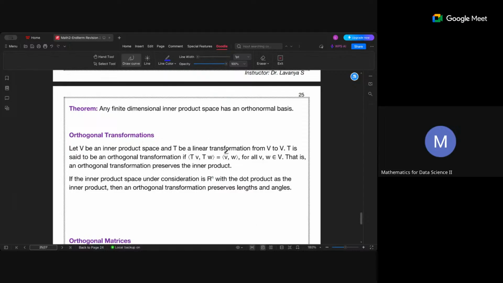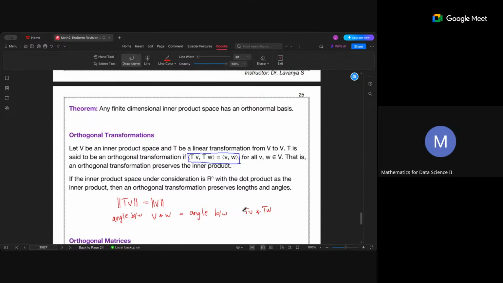Orthogonal transformations are linear transformations which satisfy this property: inner product TV comma TW is equal to inner product V comma W. If this property holds, then the norm of TV is the same as the norm of V, and the angle between V and W is the same as the angle between TV and TW. For orthogonal transformations, these are very important properties.